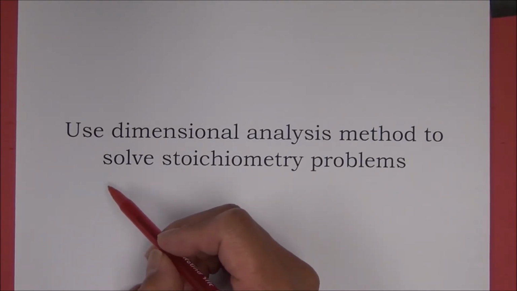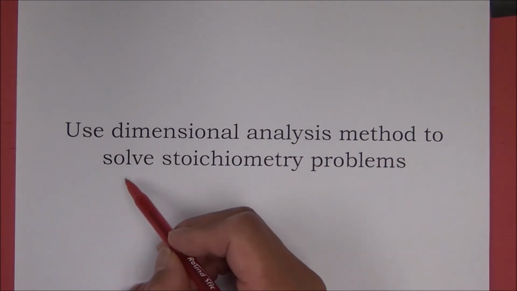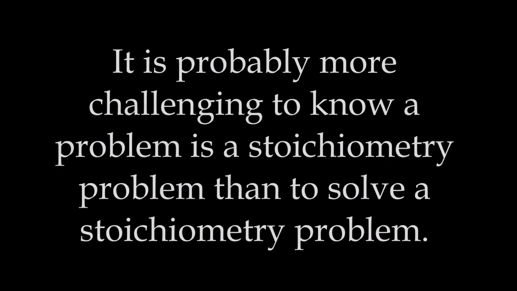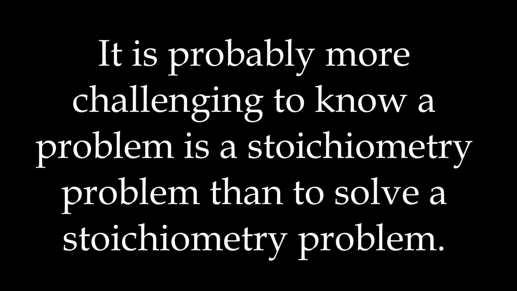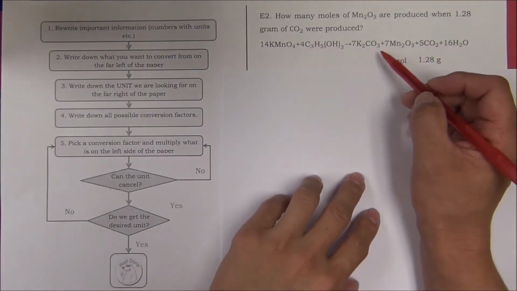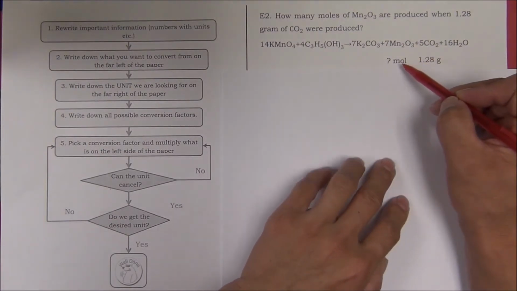Today, I'm going to teach you how to use dimensional analysis method to solve stoichiometry problems. If you see a chemical equation in a problem, always use the chemical equation to organize the information.